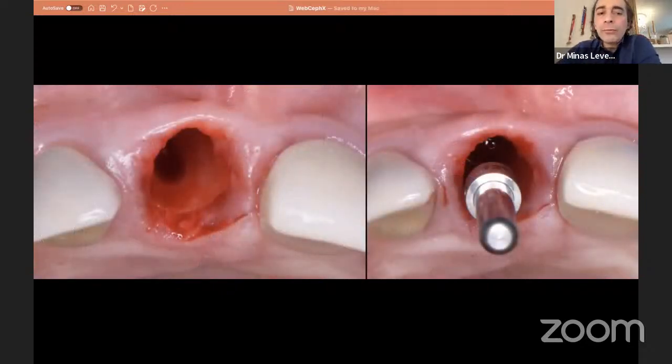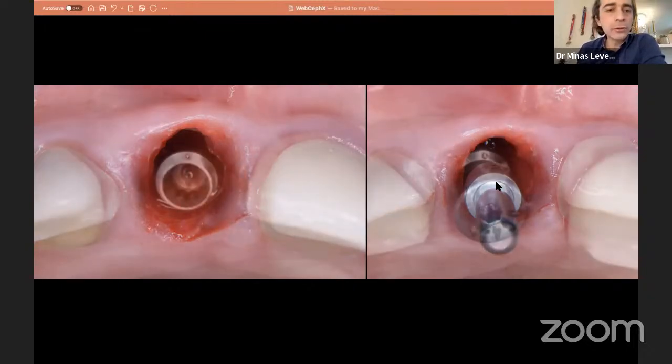After that, we have to be careful with our drilling so that we place the implant inside good bone and inside the prosthetic envelope to do a correct prosthesis. This is the pilot drilling, and this is the pin that I used to verify the position and the angulation.